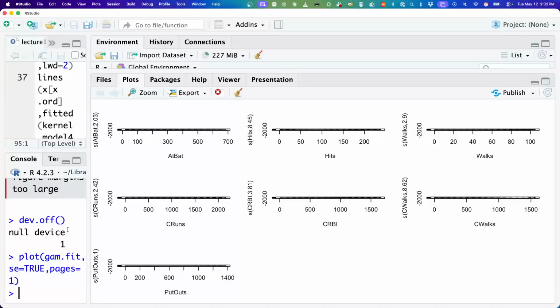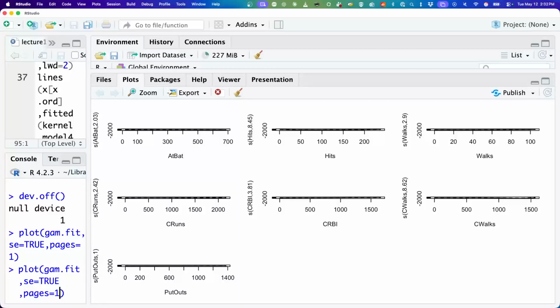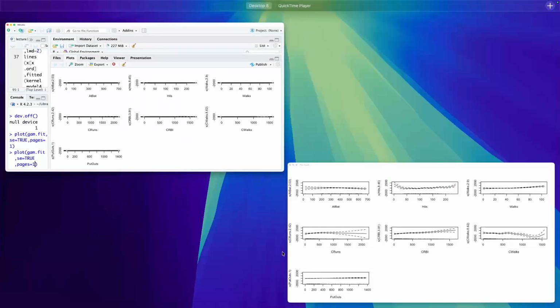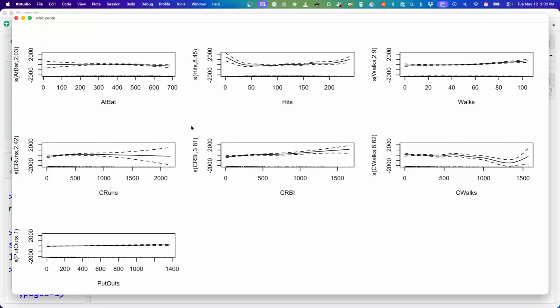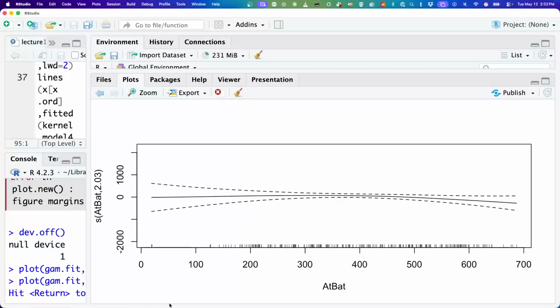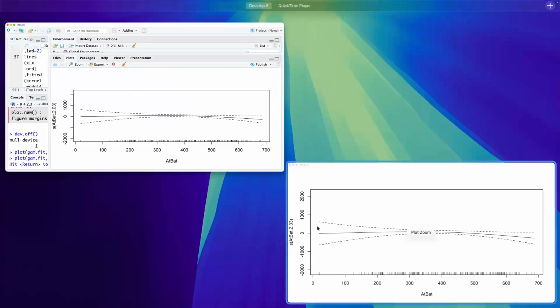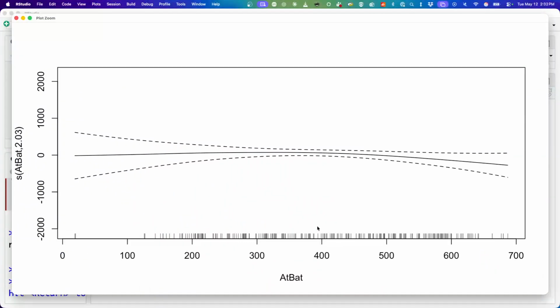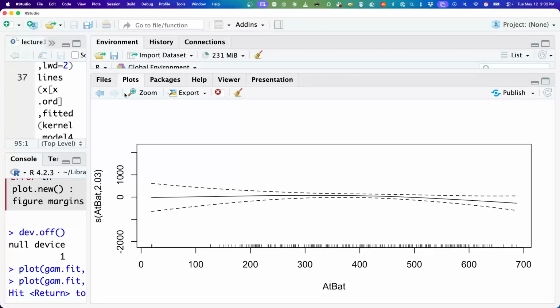Ah, okay. Oh, you know what? Maybe we can do it like this. Now we'll do it on one page.